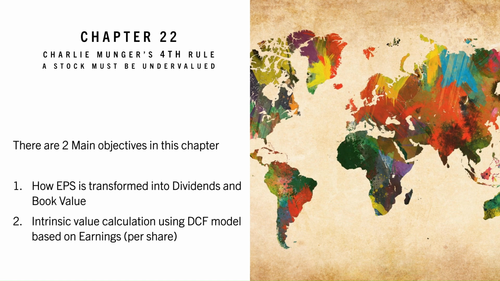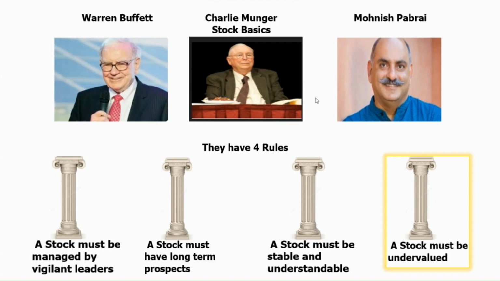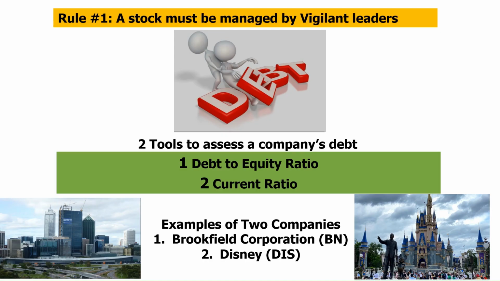So let's get started. Here we are at the last rule of Charlie Munger, and this is one of the important rules, and that's determining whether a stock is undervalued or not. In the previous chapter, we looked at the three rules of Charlie Munger, and we were comparing Brookfield and Disney to understand the first rule, vigilant leadership, where we learned how a good leader manages the debt under control.